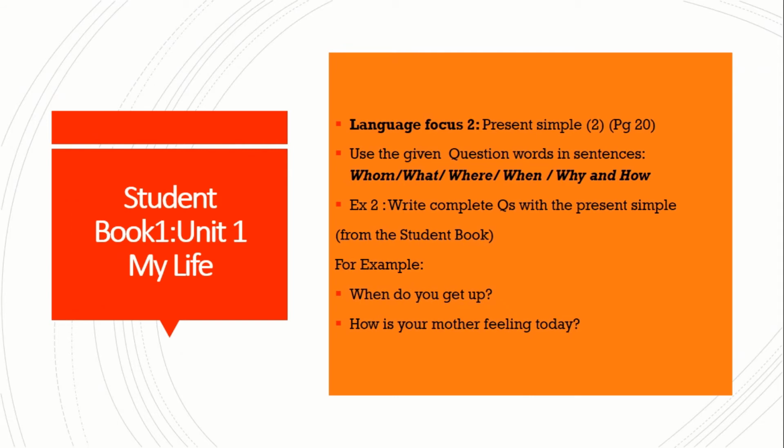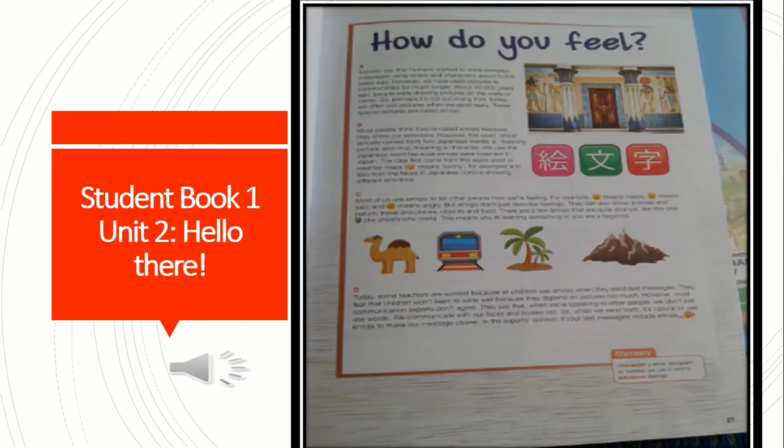And task number 2 that I've already told you is to write complete questions with present simple from the student book. Examples include where do you, when do you get up, how is your mother feeling today? How do you feel? This is task number 2.